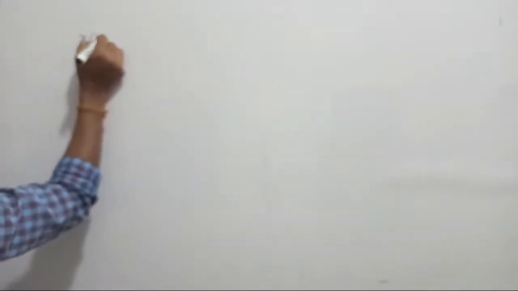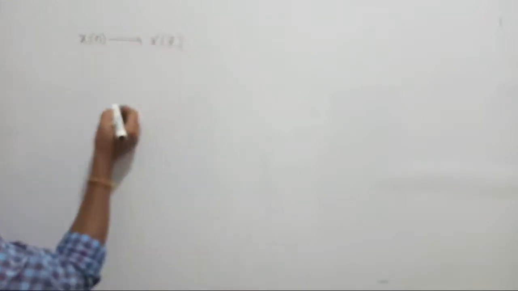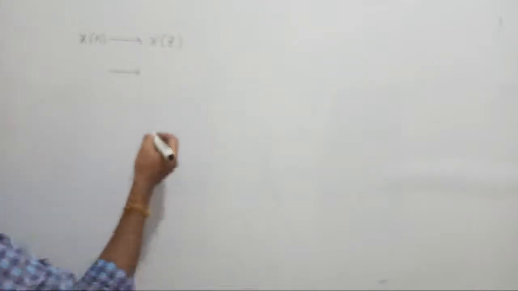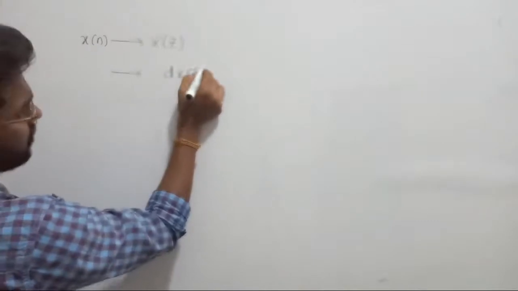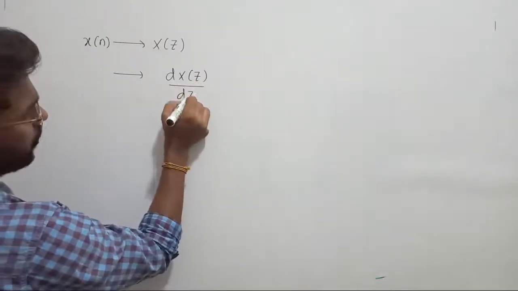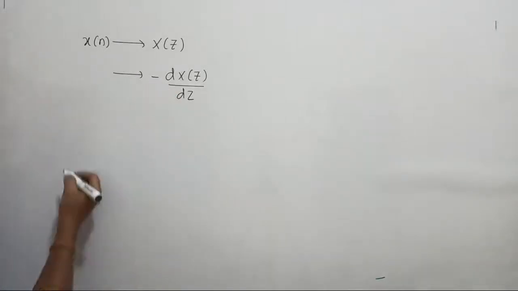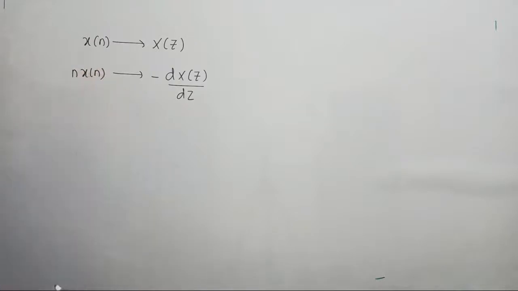For x of n, its corresponding transformation can be defined as x of z. If a signal is differentiated in the Z domain, meaning I differentiate this function with respect to z, then this function is multiplied by minus z, and here you get n times x of n. Same thing, nothing new to learn.